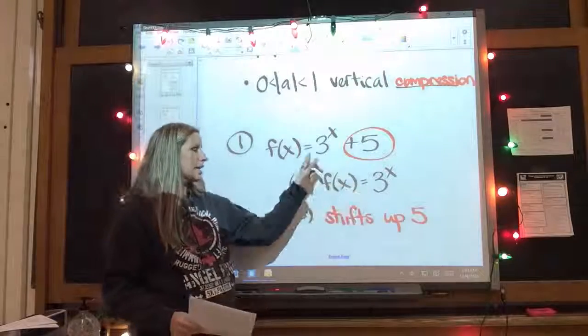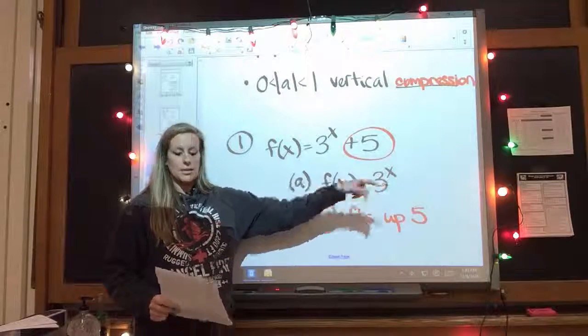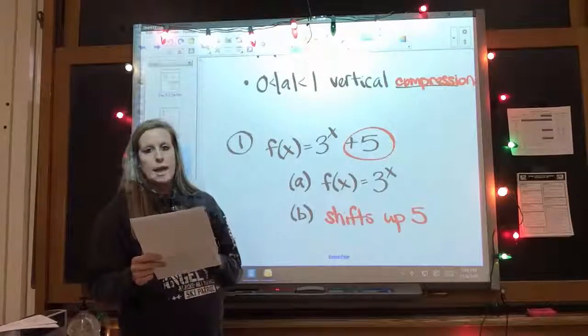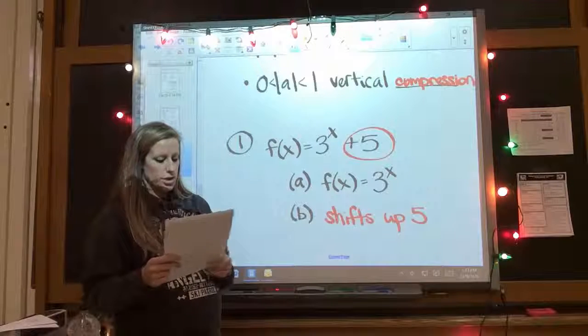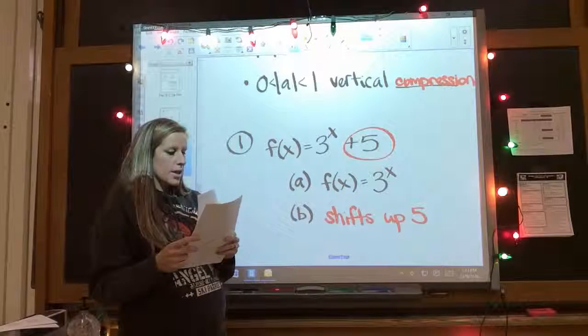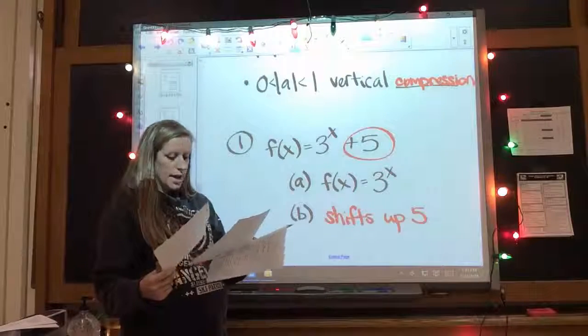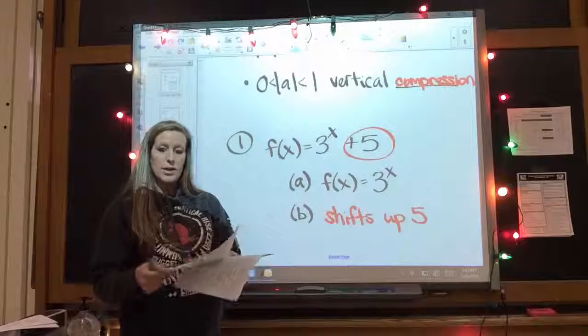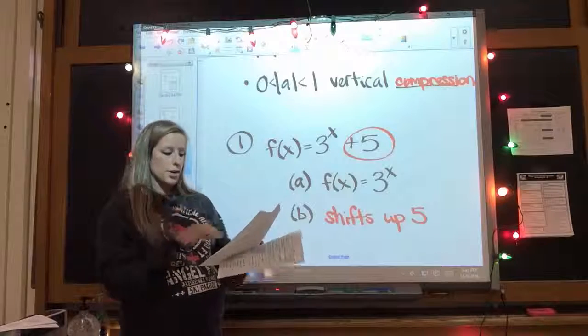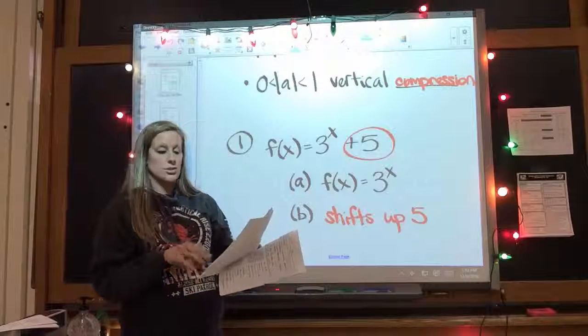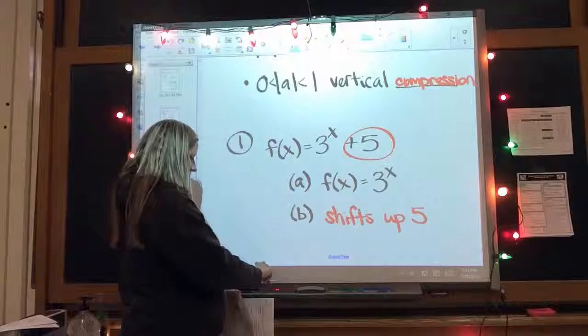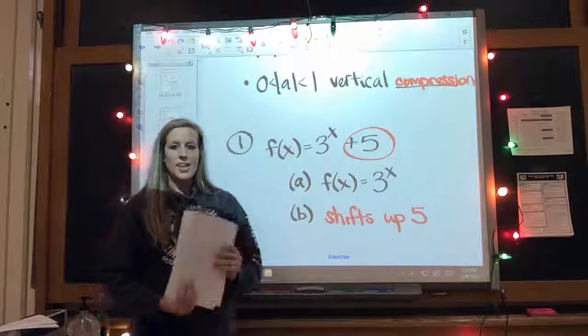So it just has the same base to the power of x. And then tell me how the graph moved, how it transformed. The other problems, 5 through 9, you're going to use the calculator to make your table, make your graph, and then answer the questions just like the notes. All right, and you'll have a good day.